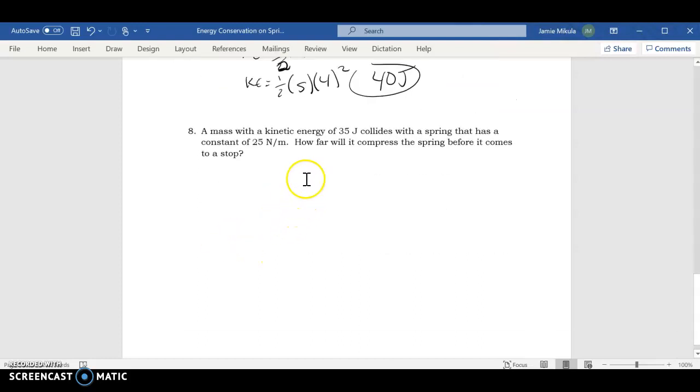And number 8, a mass with a kinetic energy of 35 joules collides with a spring that has a spring constant. Okay, remember that we're going to say KE is equal to the PE. So 35 equals 1/2 times 25x squared.